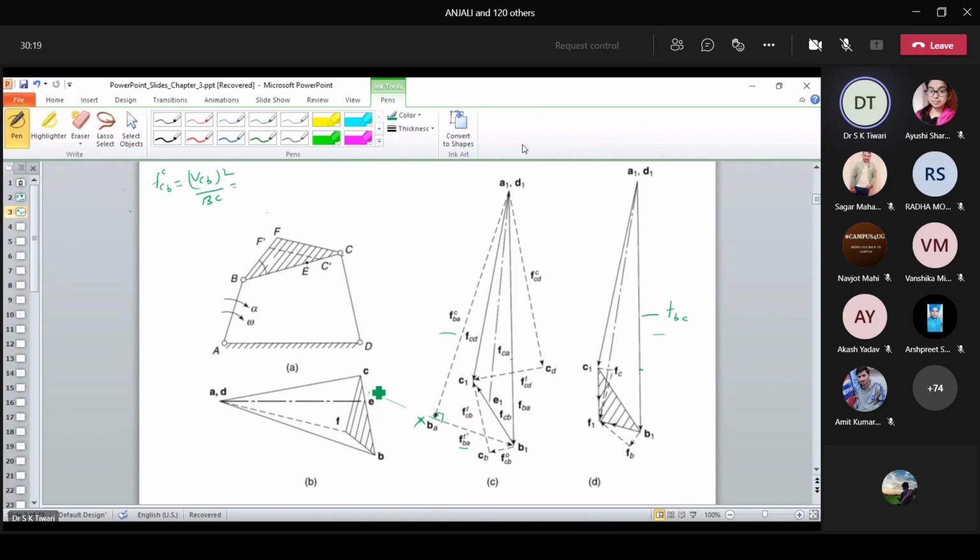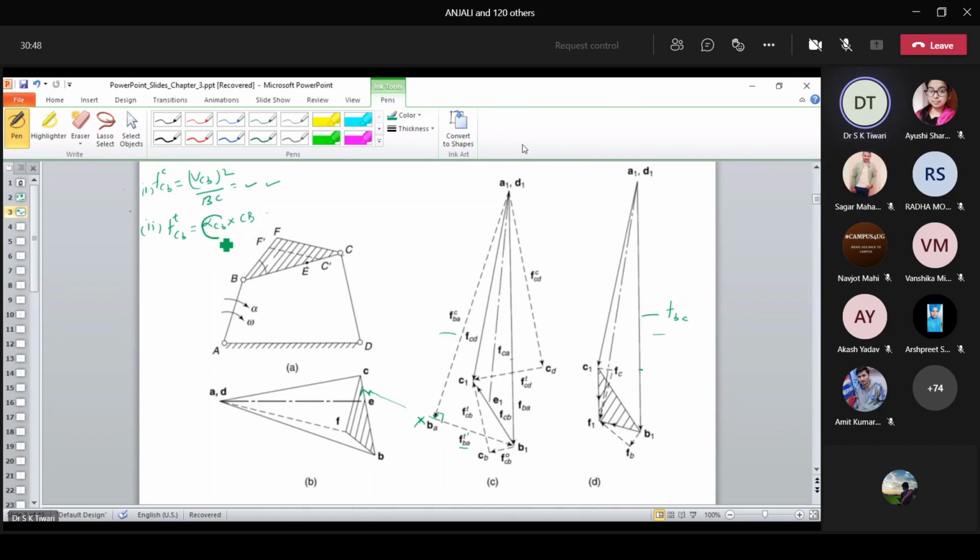Velocity of C with respect to B is given by this vector, which you obtained from here. It means you know the magnitude, you know the direction. This was the first component. The second component will be FT CB, that will be alpha of the link CB multiplied by the length of CB.